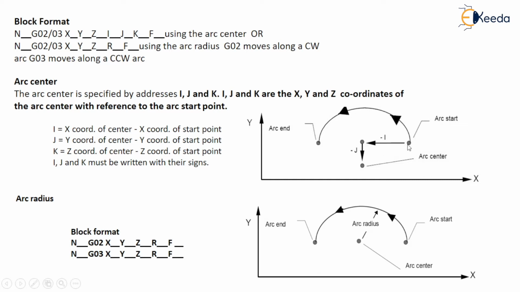For that purpose, along the negative direction of X it is moving, so it is a minus I, and along the negative direction of Y it is moving, so it is a minus J. Okay. The arc radius format has a radius. Students, don't get confused: you can write either in the form of radius or in the form of IJK also. It's your wish.